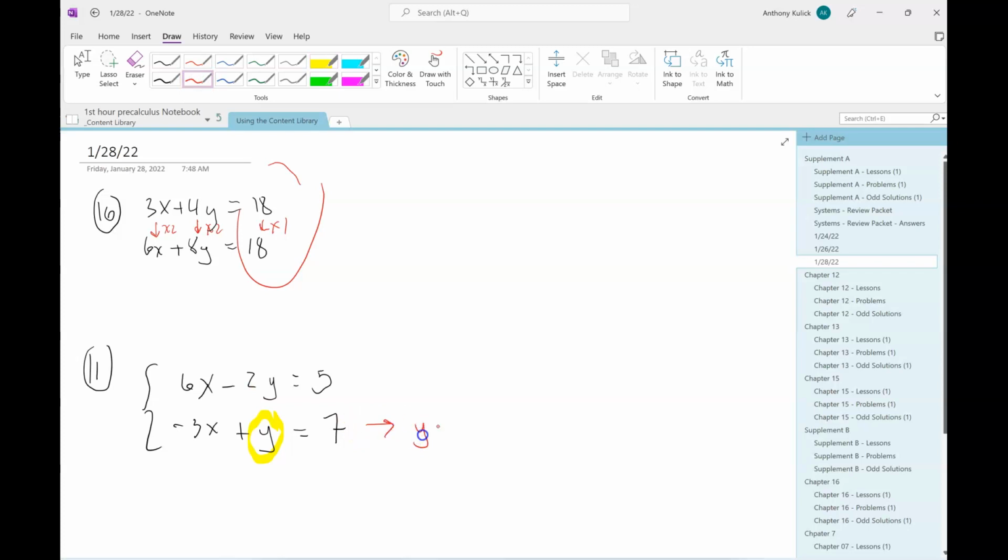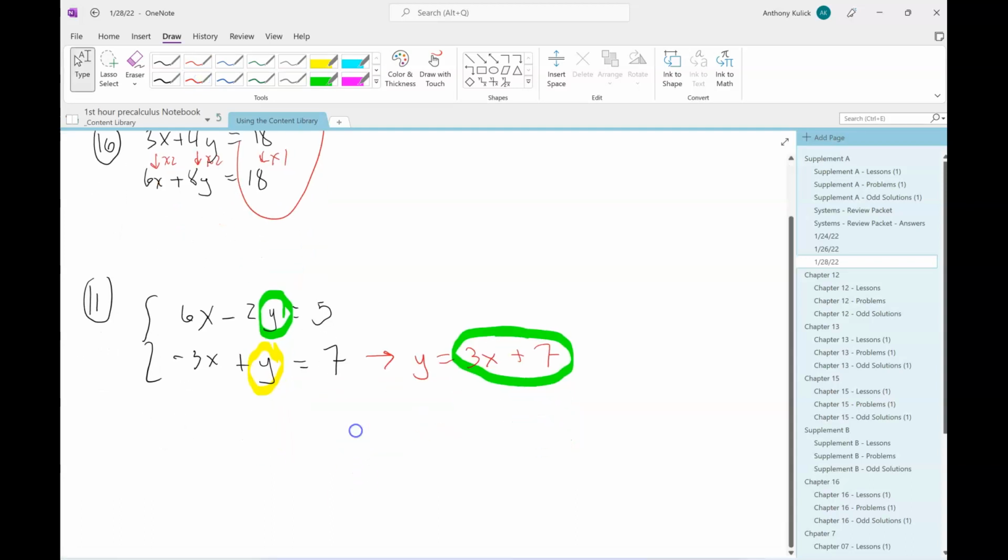Again, not that you couldn't do it with the fractions, but why would you want to if you didn't have to? Now that I got the y by itself, I'm going to take this y that I solved for and substitute it into the first equation. So 6x minus 2, and in place of y, I'm going to write 3x plus 7.